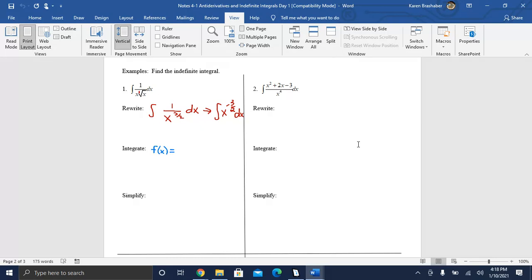You'll have x, and the power rule says that you're going to add 1 to the exponent, and then you'll divide that entire expression by that value. So -3/2 plus 1. And then now that you're writing the function, it will be plus c.